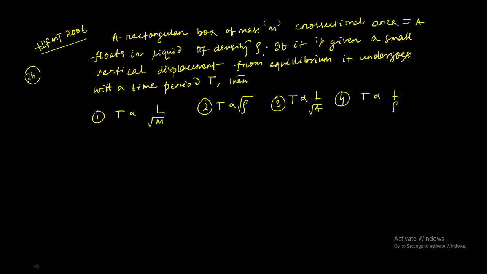If it is given a small vertical displacement from the equilibrium, it will undergo a time period T. So they are asking for the time period T and its relation.